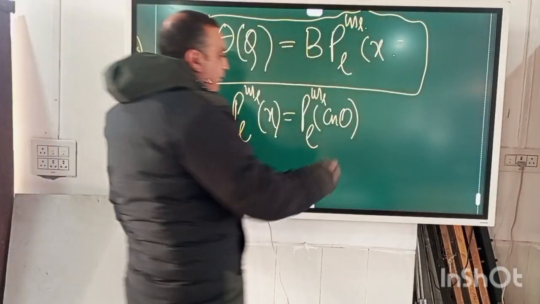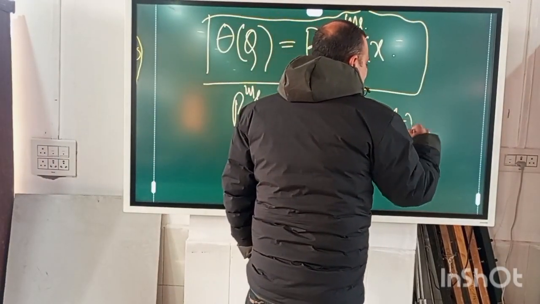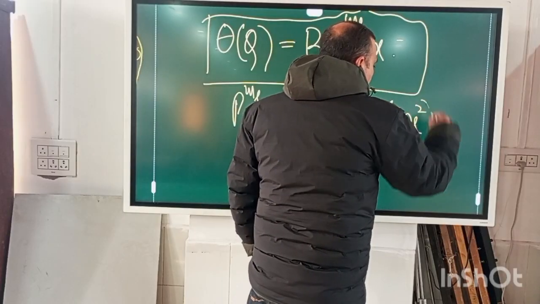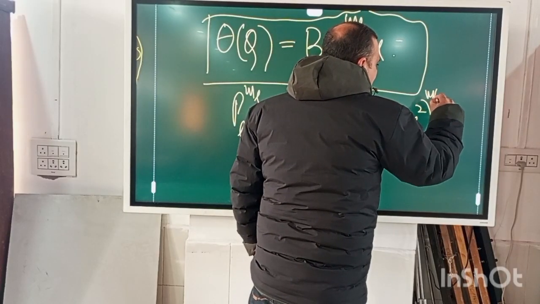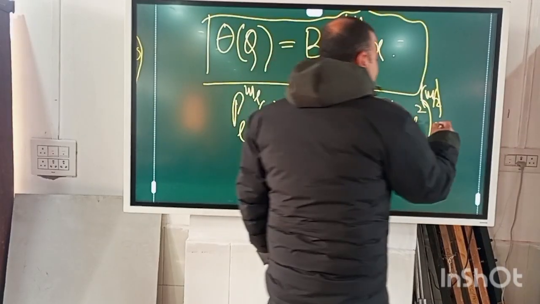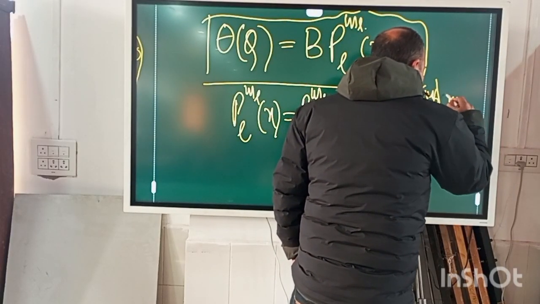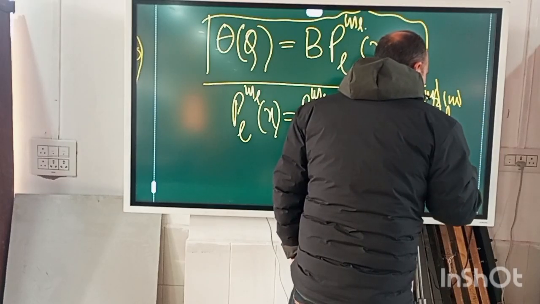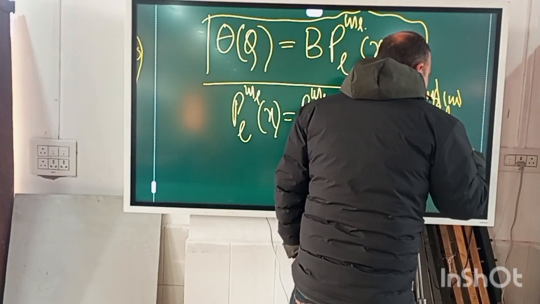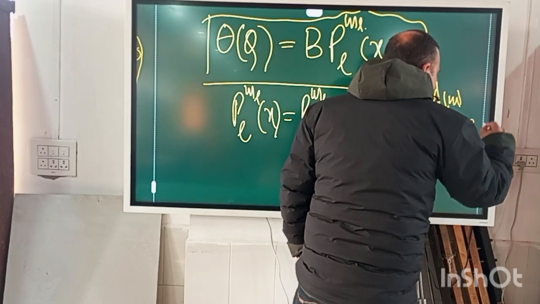And you can write this as 1 minus x square whole raised to the power mod m_L by 2, then d by dx raised to the power mod m, of 1 minus x square.